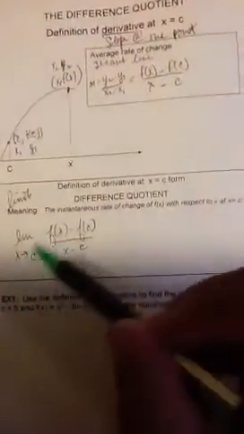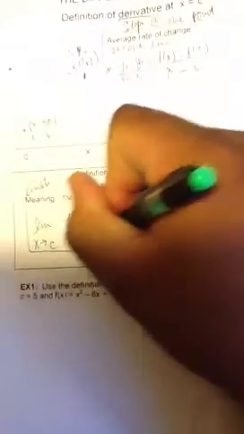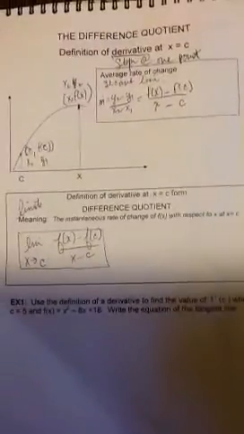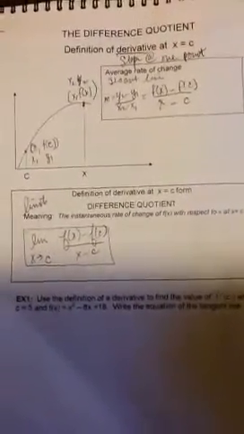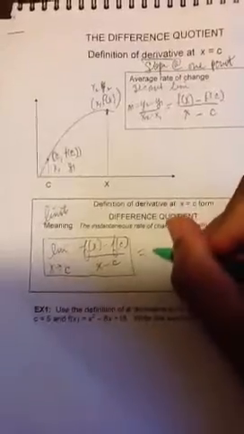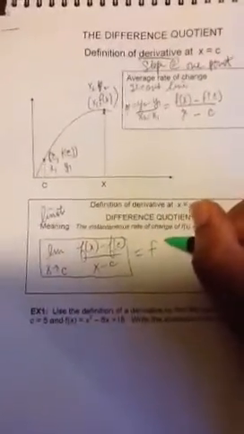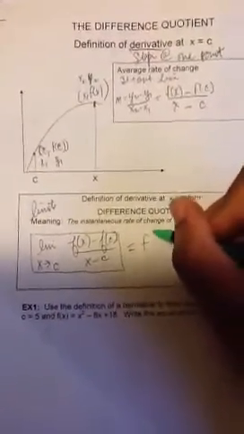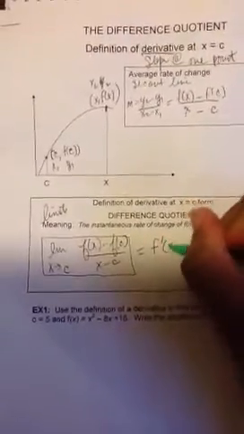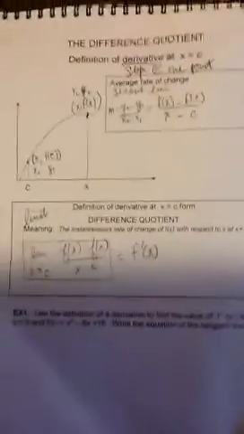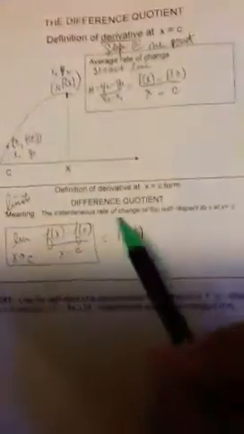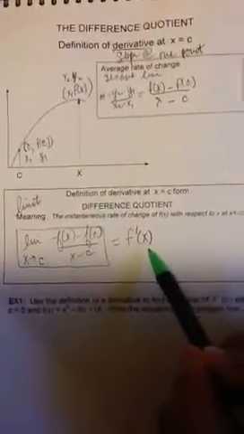So this limit here, this difference quotient, we call the derivative, all right? And we're going to say that this is equal to the derivative of f of x, and the way that we denote it is we say f prime of x, okay? So the derivative of f of x, whatever that function is, we know that this graph represented y equal f of x.